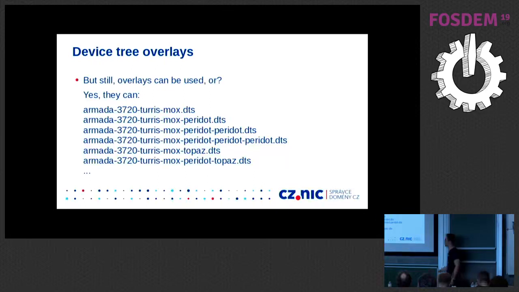So, for example, if I connect three switches with chipset Peridot, then I have to have a different device tree overlay than when I connect only two. And this will grow more rapidly because the SFP module will also multiply the number by 2. So we could use device tree overlays, but it's not very nice and elegant.